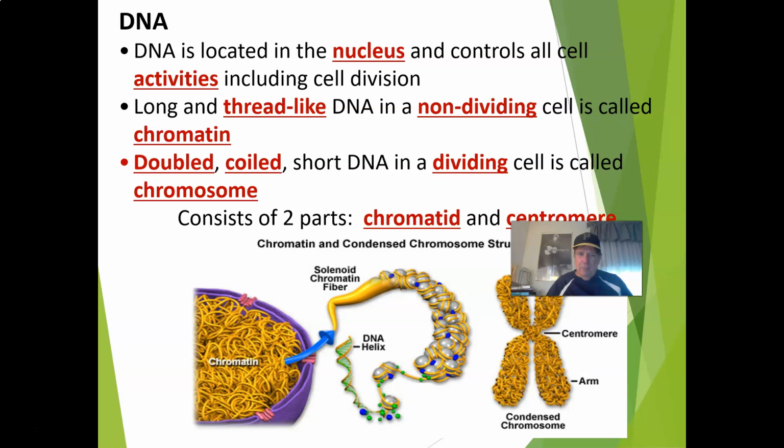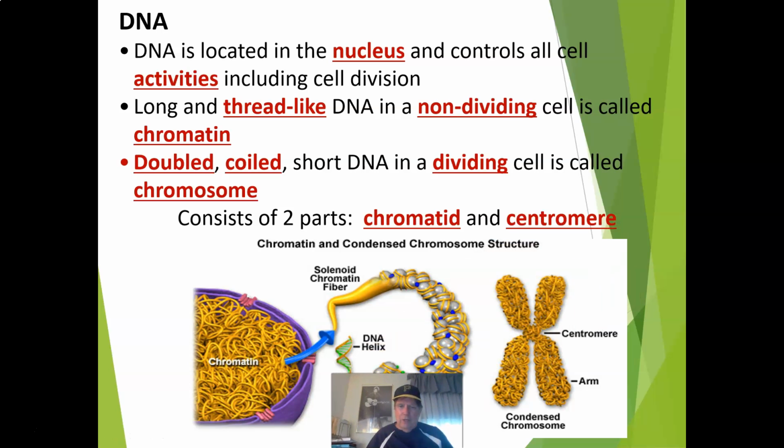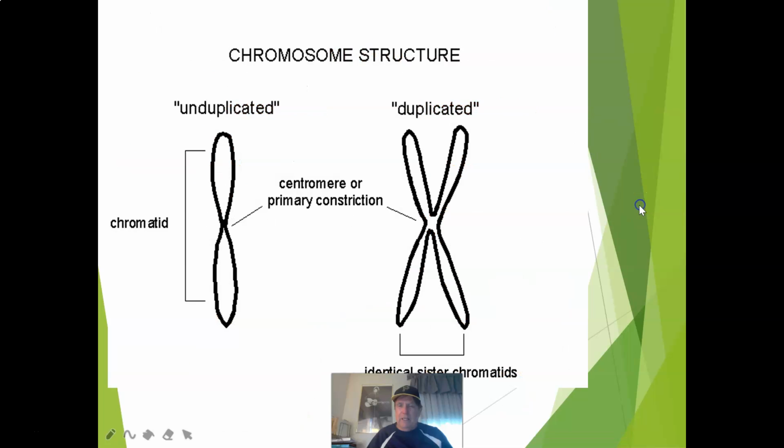And it consists of two parts, chromatid and centromere. So if you look over here, here's the chromatin. This looks like thin spaghetti. It coils up around a protein, and it thickens up, and it becomes what we see over here, a condensed chromosome, which we'll talk about in the next slide.